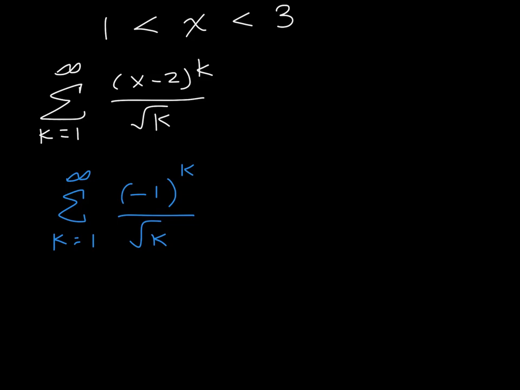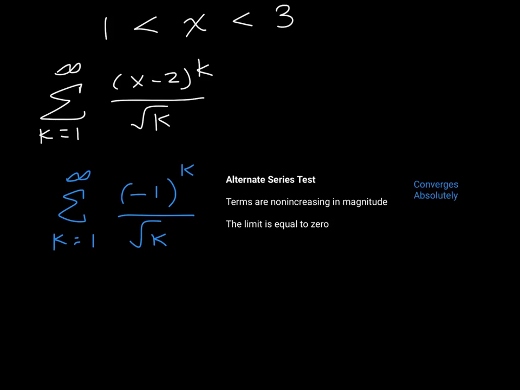The second thing is that we need to show by the alternating series test that the limit of the sequence is 0, and it is. Because both of these things are true, we know that this converges. So that tells me that I'm going to put a bracket on 1, because 1 is actually included in the interval of convergence. It converges at 1.